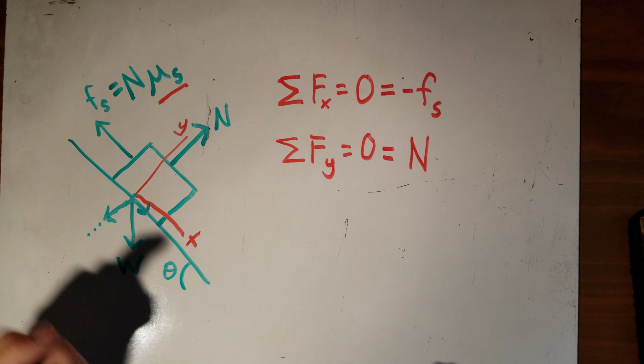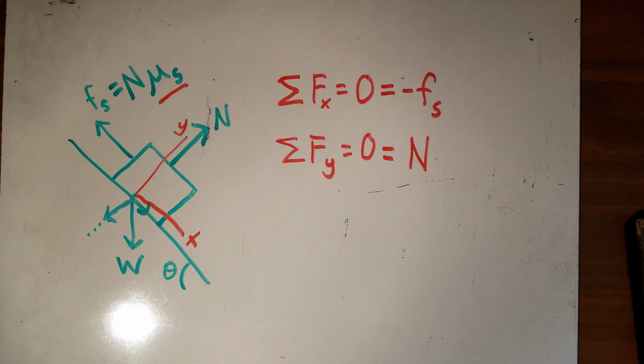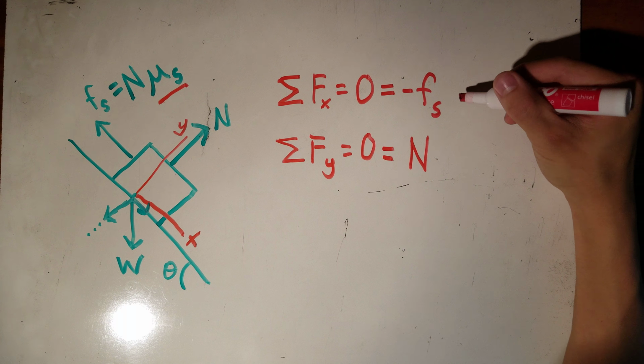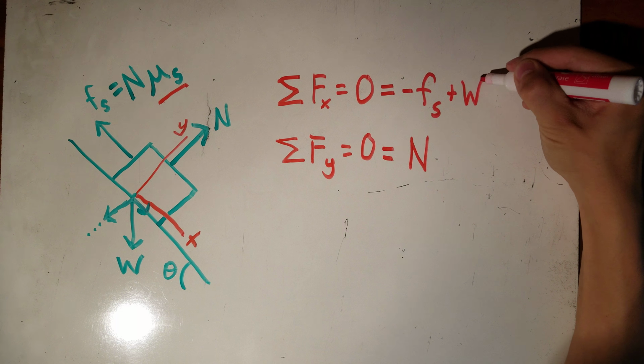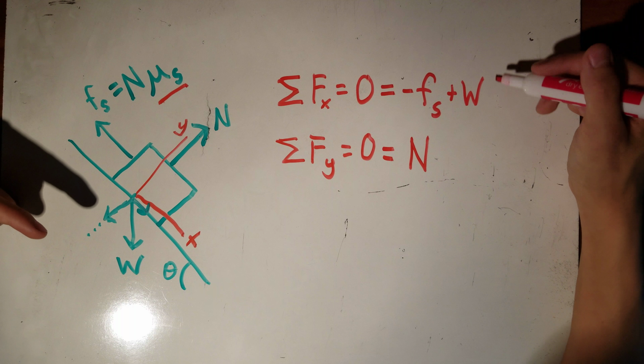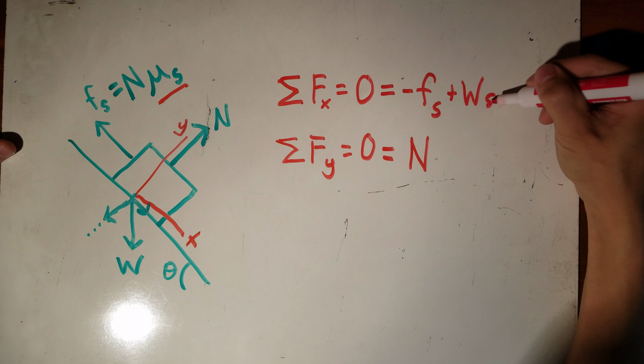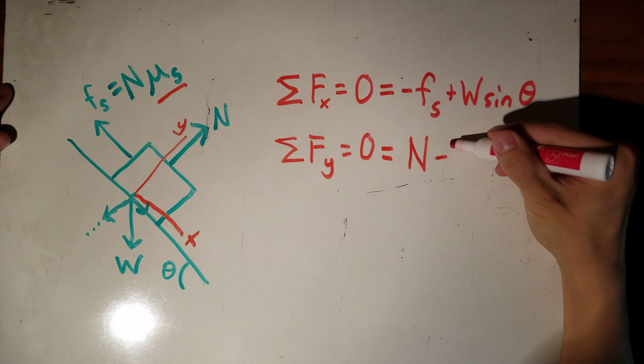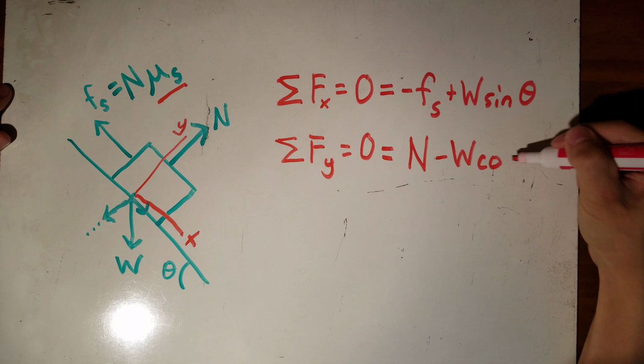We can get these two components with a little bit of trigonometry, and it comes out to be that the component acting in the x direction is going to be w sine of theta, and the component acting in the y direction is going to be minus w cosine of theta.